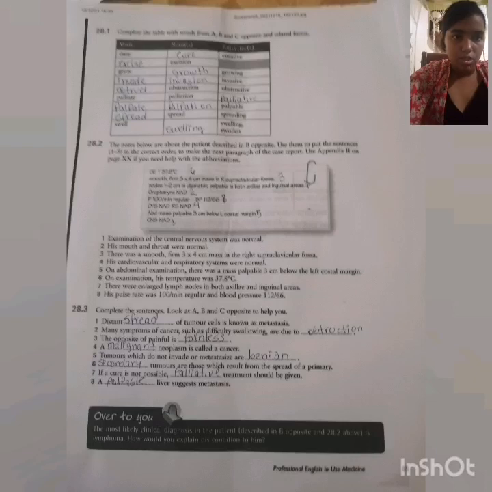Obstruct, obstruction, obstructive. Palpate, palpation, palpable. Spread, spread, spreading. Swell, swelling.